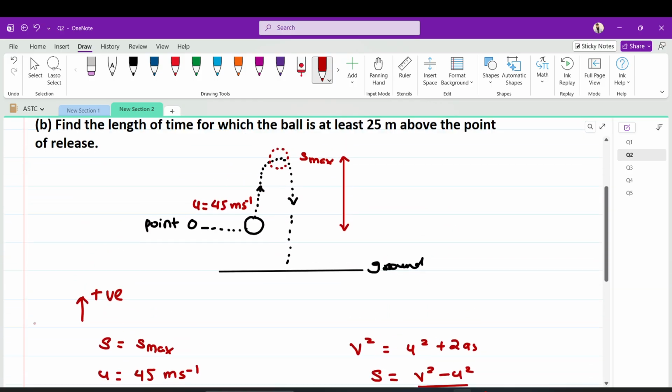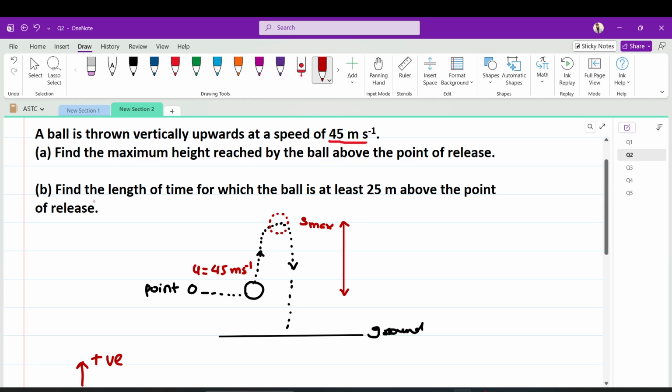Okay. Now part B, it says find the length of time for which the ball is at least 25 meters above the point of release. You need to understand from the wording whether it is asking about the time when something happens, or about the duration.